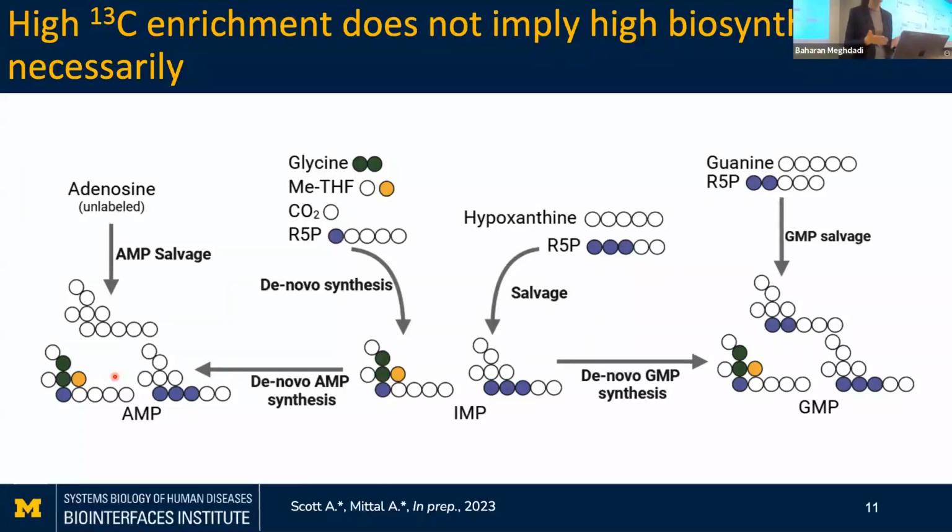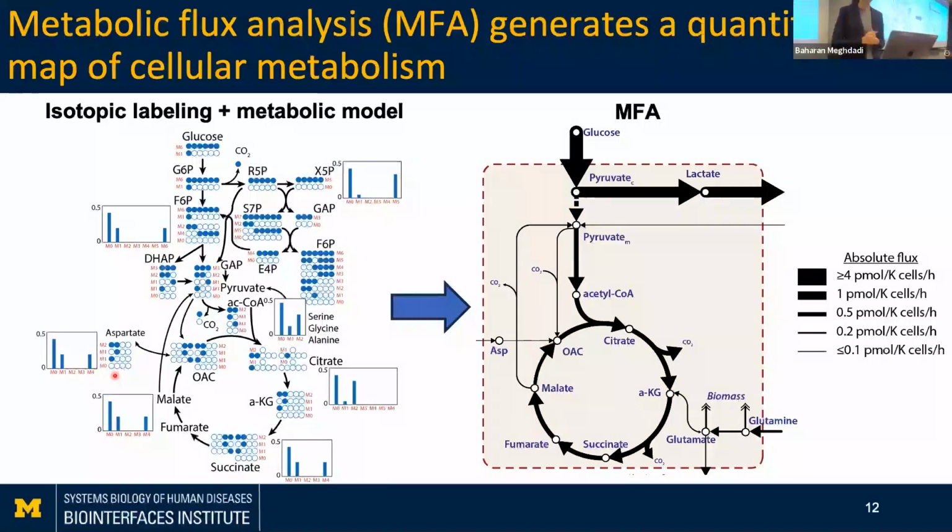So we want to quantify the rate of the reactions. And one way to quantify the metabolism is to use metabolic flux analysis. With this tool, we already have the data from our enrichments, and also we have a metabolic model consisting of all the reactions. And by using these two, we can write all the mass balances on these systems and find the rate of these reactions, or the flux of reactions.